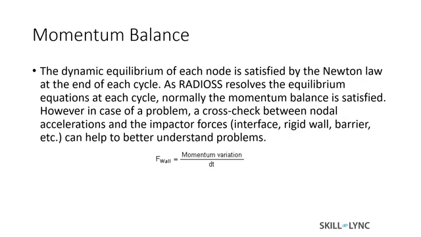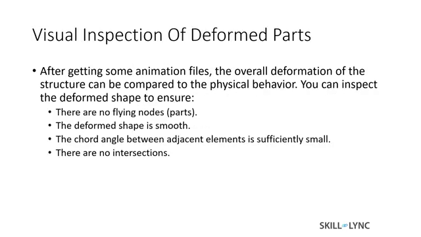Momentum balance is also worth looking at, though it may not always be followed because of the continuously deleting elements from the analysis. But a good momentum balance tells a big deal about your current model.